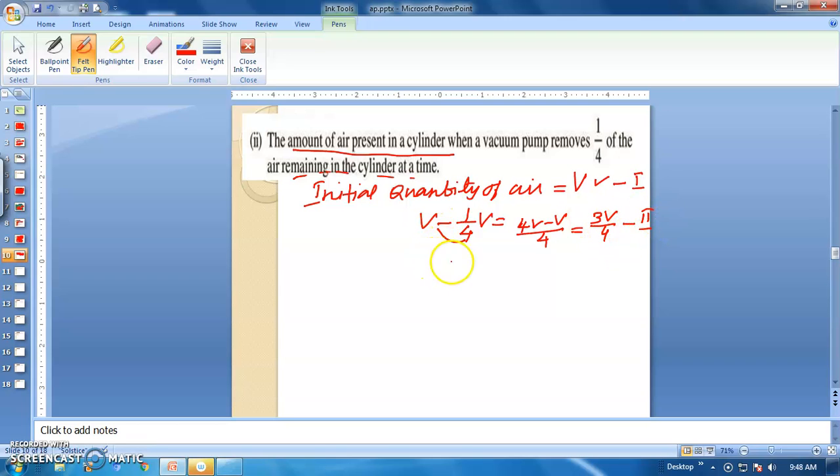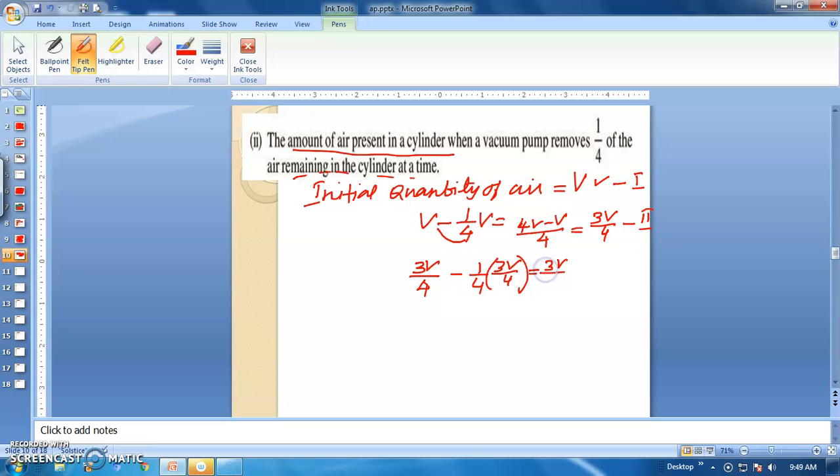What about the third time? Now 3V by 4 volume is there, we have to subtract again 1/4 of the same volume, that is again 3V by 4. Now calculate this one.